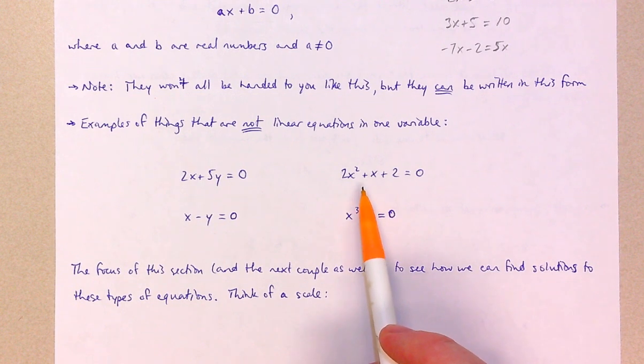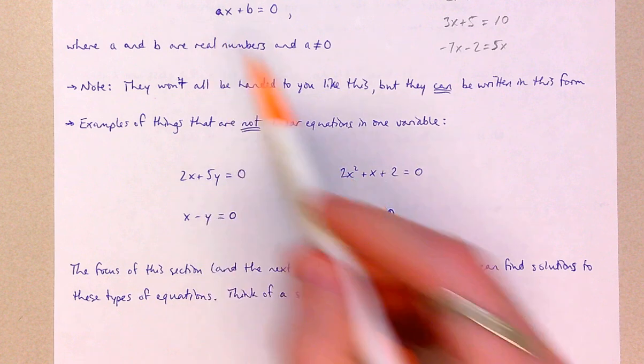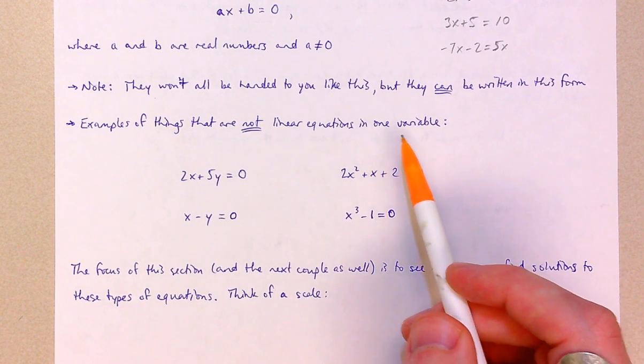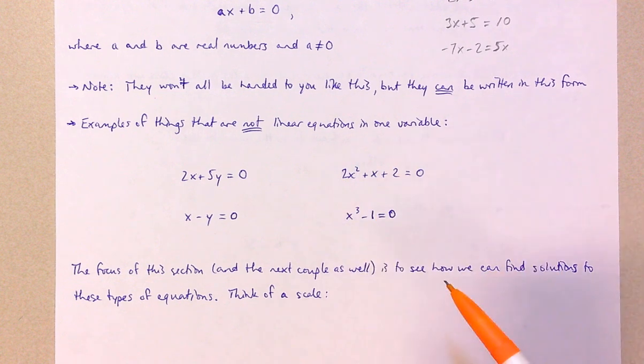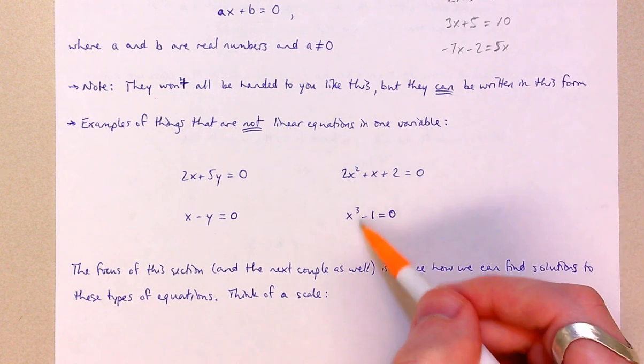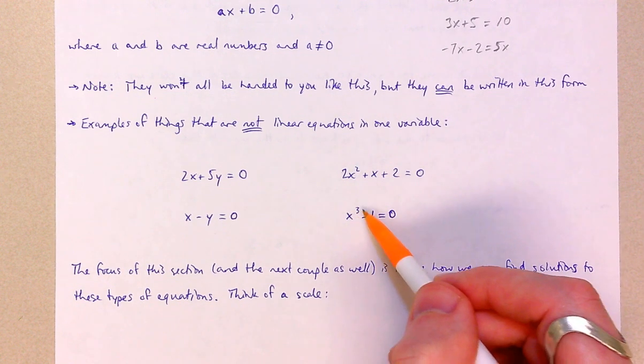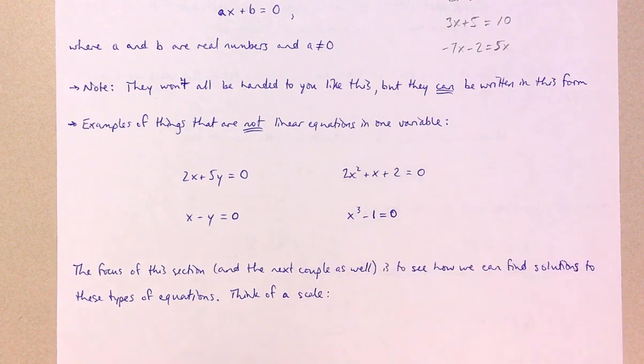It's not of the form some number times x plus some other number equals 0. We have an x squared here. Can't have that in a linear equation. Similar reason here, we have an x raised to the third power. Not going to happen. Not linear. So that's just a basic introduction into what a linear equation in one variable looks like.